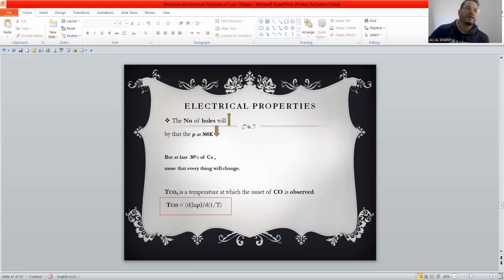Now let's give an appropriate, simple definition of the charge ordering temperature. It is the temperature at which the onset of charge ordering is observed, and it equals the derivative of ln resistivity divided by the derivative of the reverse of the temperature.